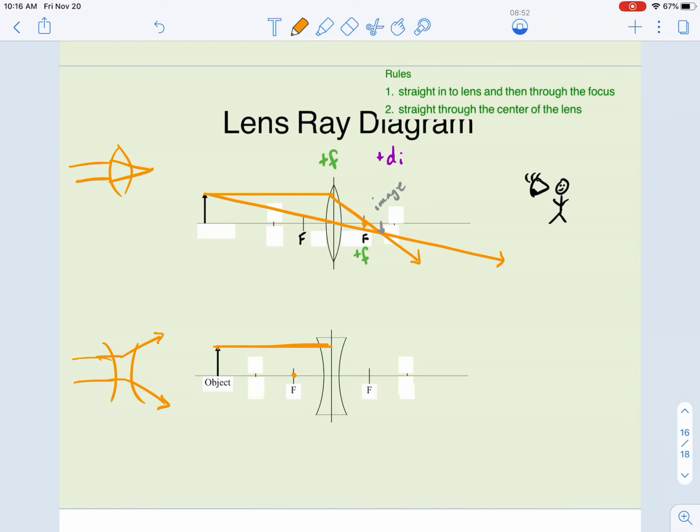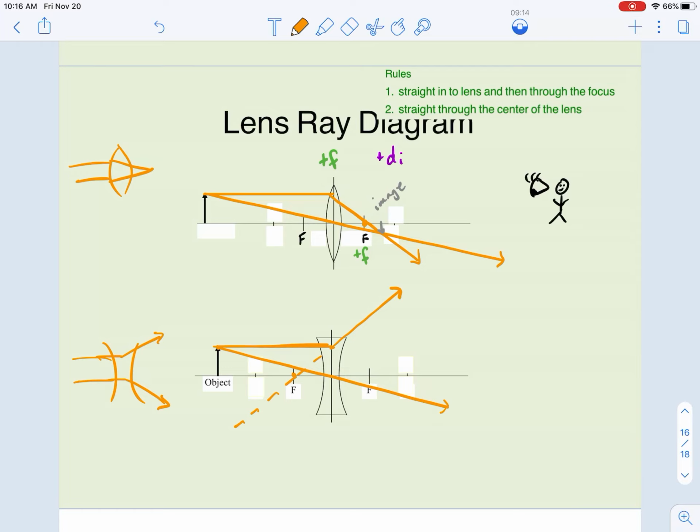Now remember, we want our ruler to go through the focus so that we can see what that path should be for our light. We're going to use solid lines to draw our actual path of light, and then virtual lines to draw in any pathways that our brain is going to interpret for us.